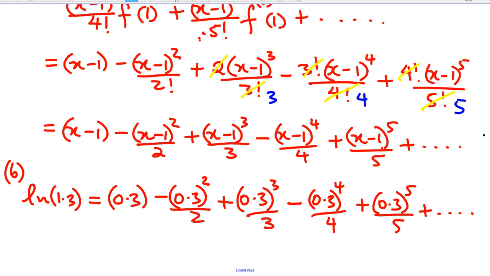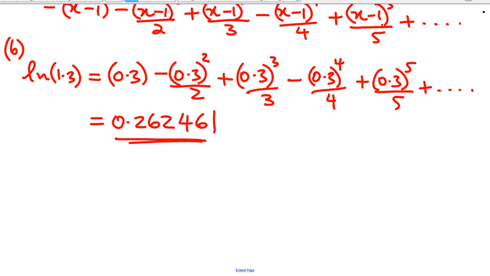Now, that is our expansion. We are trying to use our expansion to find the value of ln 1.3. So you can just plug that in your calculator, and that will be 0.262461. All right, let's carry on.